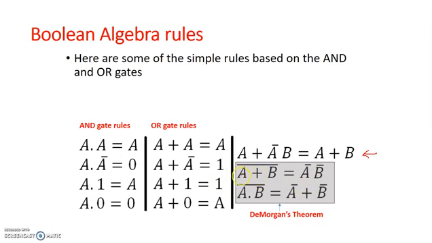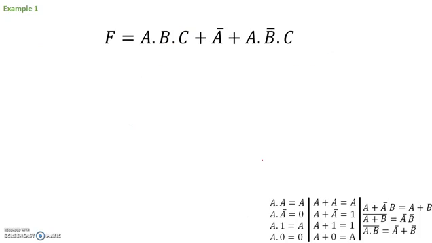It basically says that A or B not, so A nor B, is the same as saying not A ANDed with not B. And this one says A NAND B is the same as saying not A or not B. So our goal in this exercise is not to prove these rules, but to use these rules to simplify some expressions. So let's do a couple of examples.